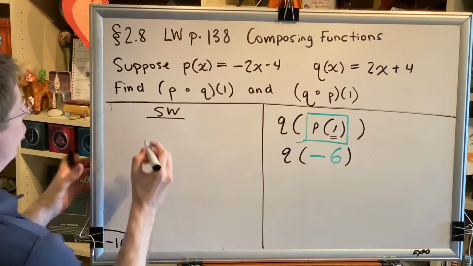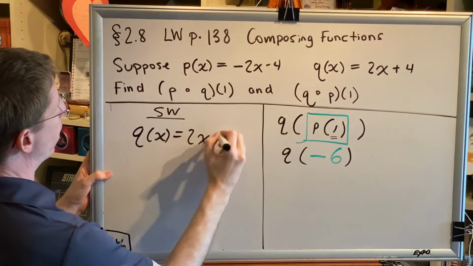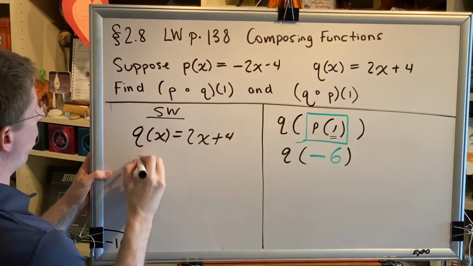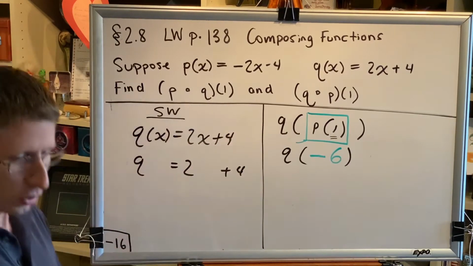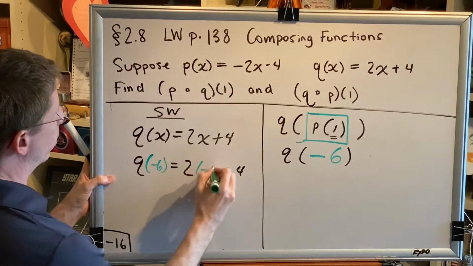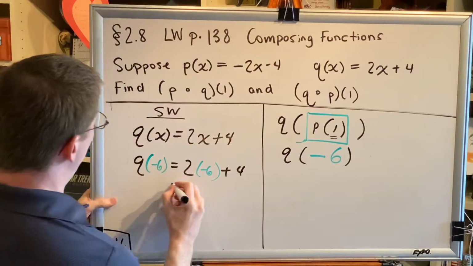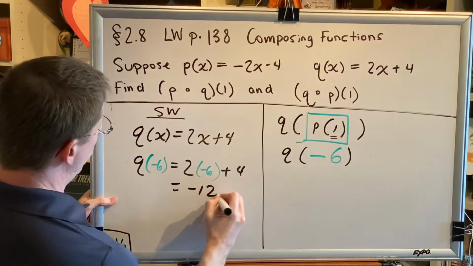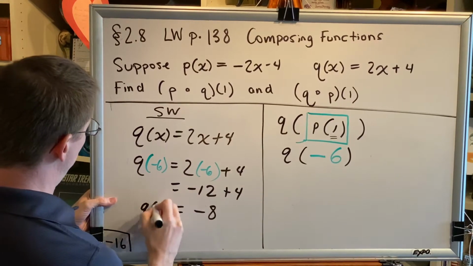We know that q of x equals 2x plus 4. Therefore, q of negative 6 equals 2 times negative 6 plus 4. Following order of operations once more, we get negative 12 plus 4, which is negative 8.